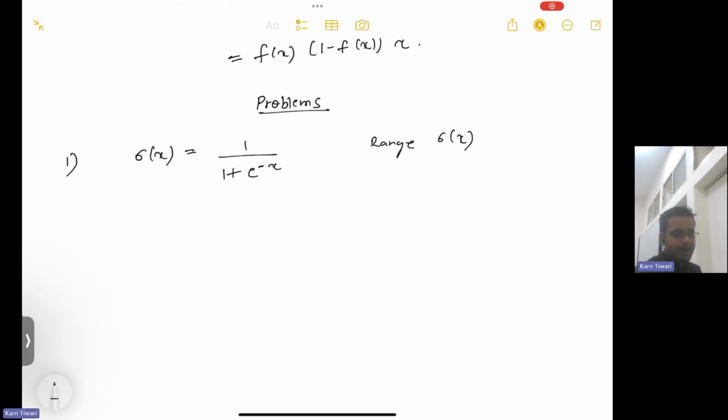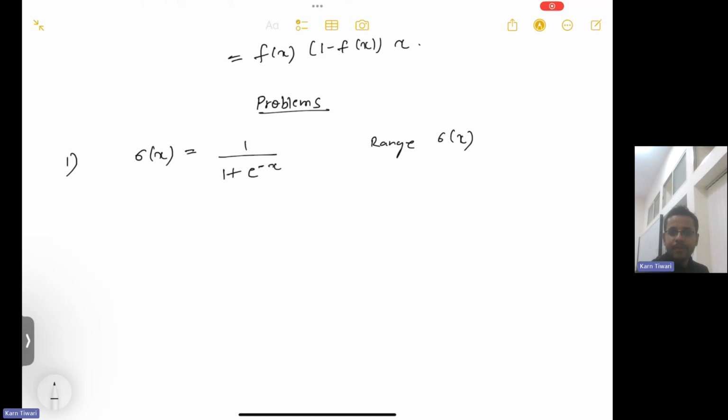Basically, we need to find the range of values of sigma of x. Just before this problem solving, I discussed how to approach this problem. You need to look at the limit points, the asymptotic behavior, that is minus infinity, infinity, and take zero. You will see how the function is behaving. That's one thing you can do.